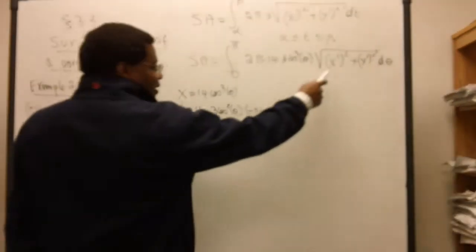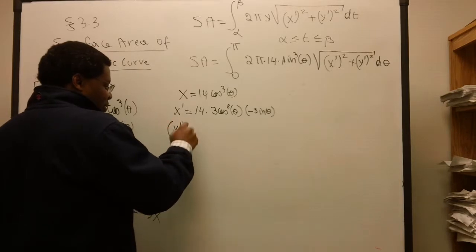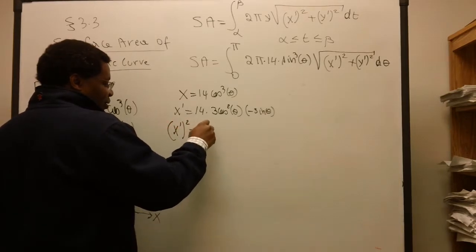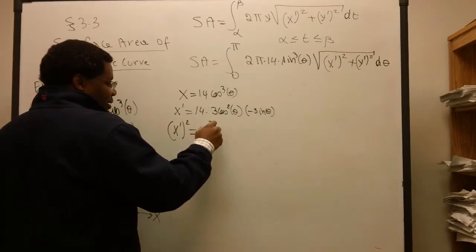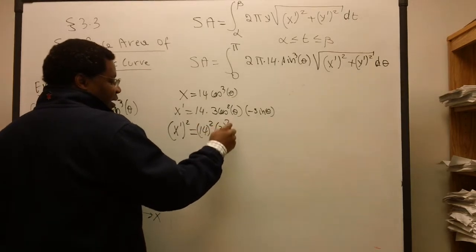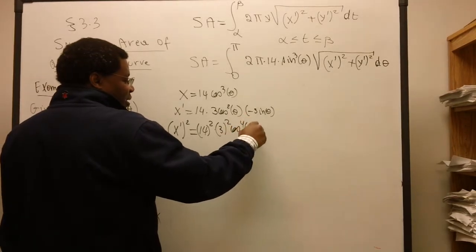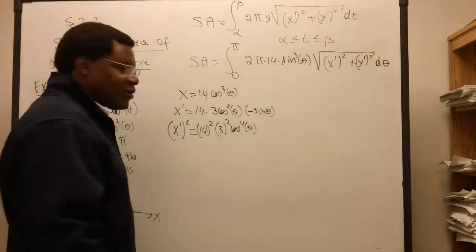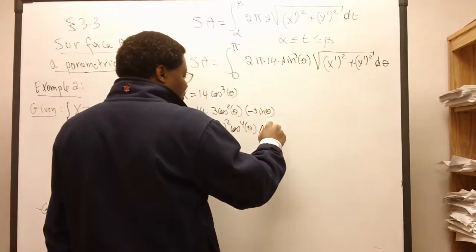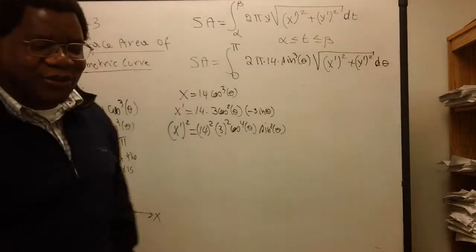Then we square that, so we take 14 squared, times 3 squared. And then we square cosine squared to get cosine to the 4th, and square negative sine to get positive sine squared. So that gives us x prime squared.